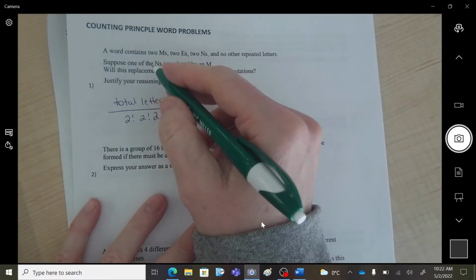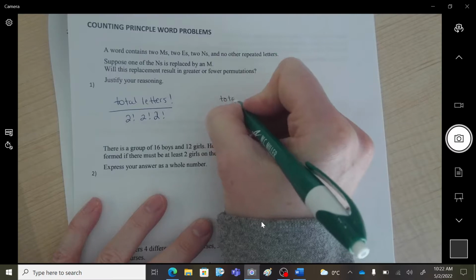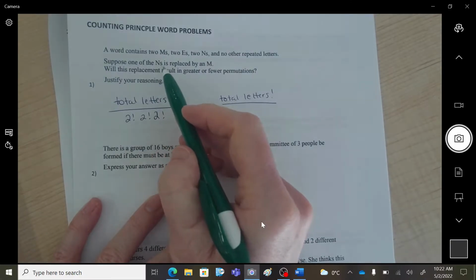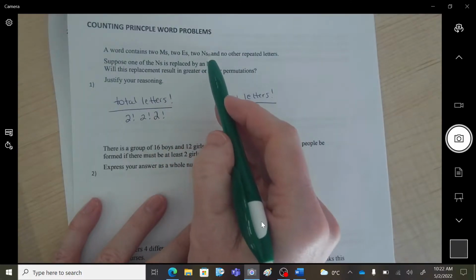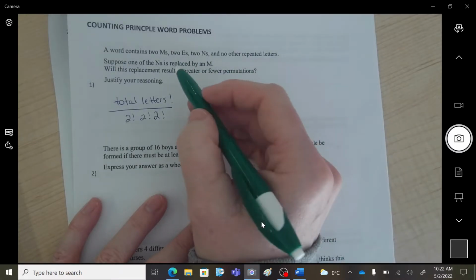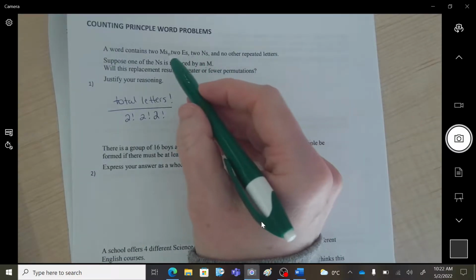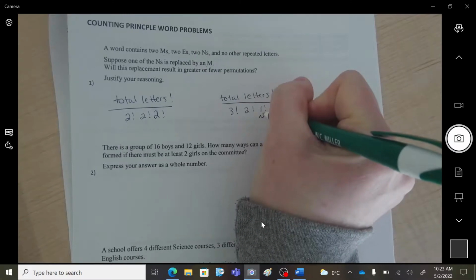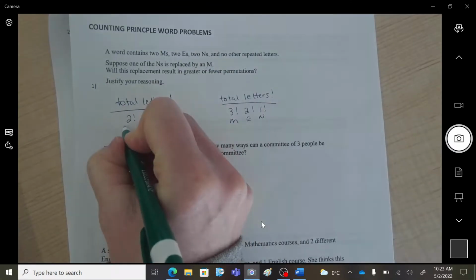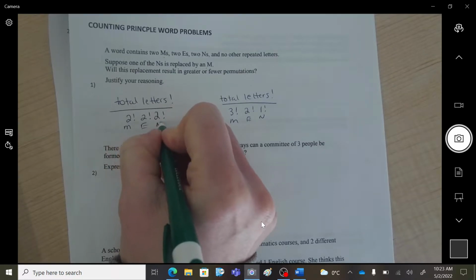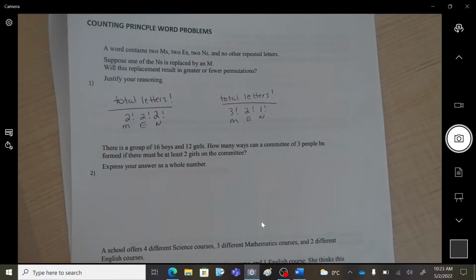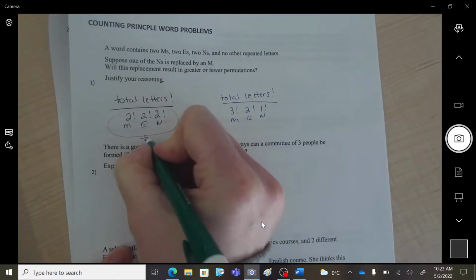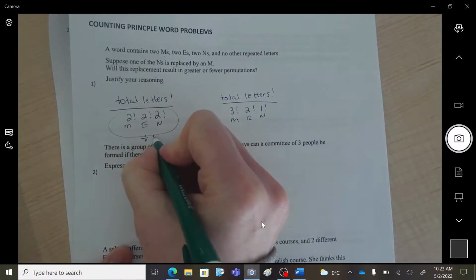And then on this, let's try that one out. So the total letters, which we don't really know, factorial. If one of the N's is replaced with an M, now we would have 3 M's, 2 E's, and 1 N. In this scenario, we would be dividing by 2 factorial, 2 factorial, 2 factorial, that's 8.